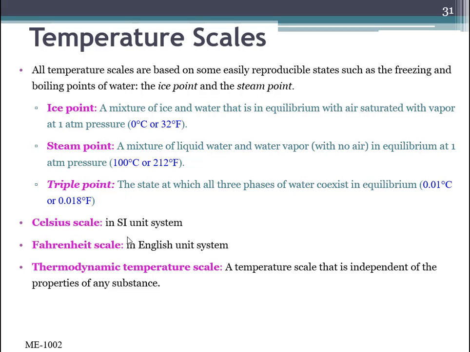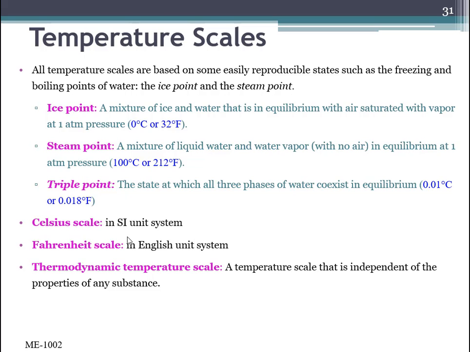Usually, the steam point in layman's terms can be understood as the point where the water starts boiling, but in technical or thermodynamic terms, it's the temperature at which the liquid water and water vapors are in equilibrium. So we will discuss them inshallah in the later lectures.